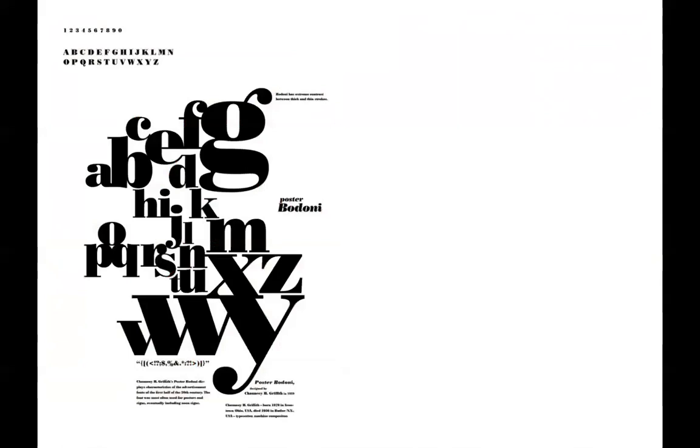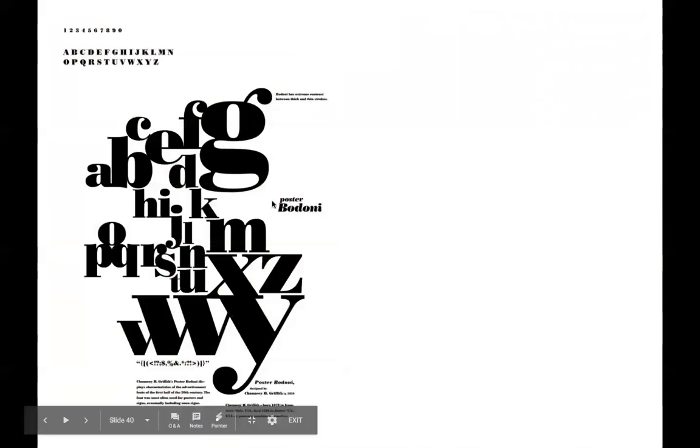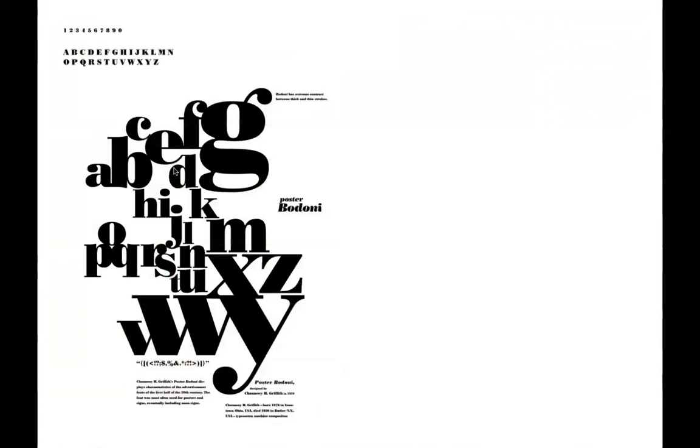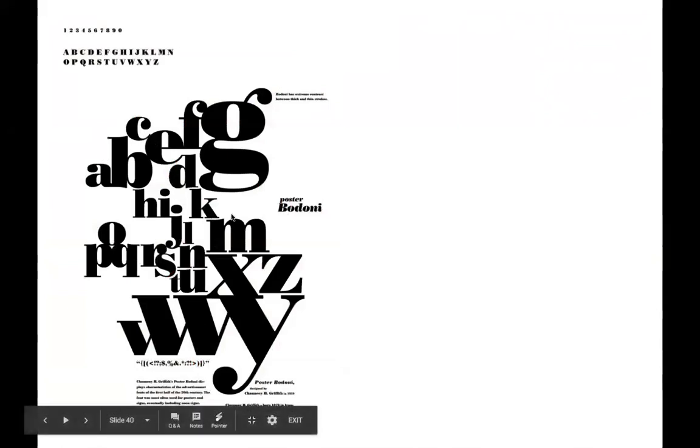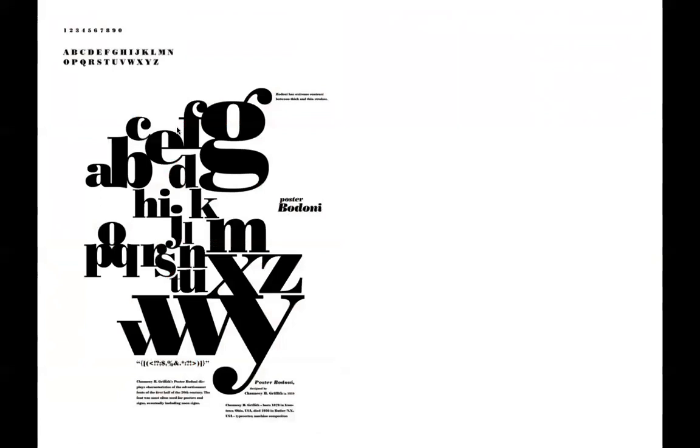This is a great one to deconstruct. As you can see, this is the entire alphabet, and it's creating its own organic shape, but there's still a grid here. There's definitely an underlying grid that things are lining up against and then breaking at certain points.